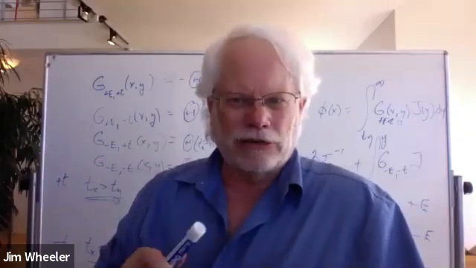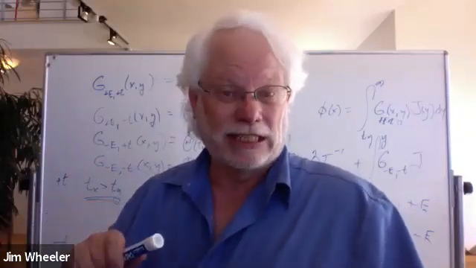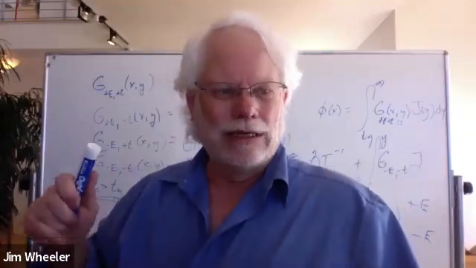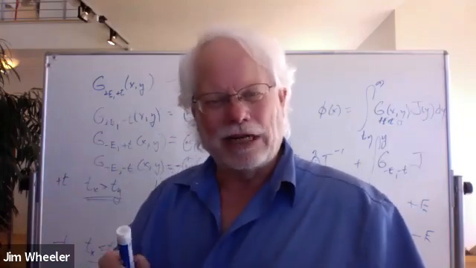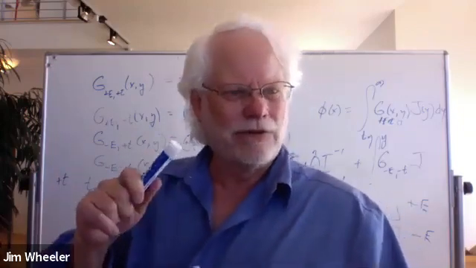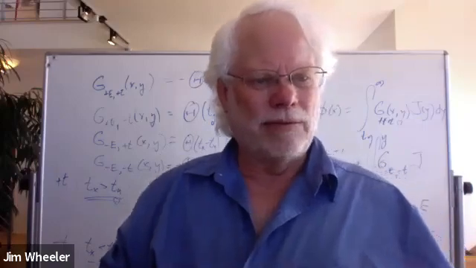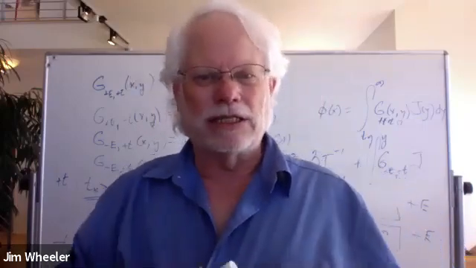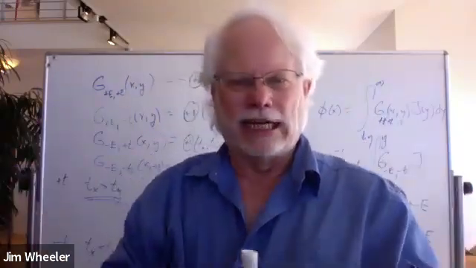If you do a parity transformation, that changes the sign of x. If you do a chronicity transformation, that changes the sign of omega. So omega t minus k dot x goes to minus omega t minus k dot x.